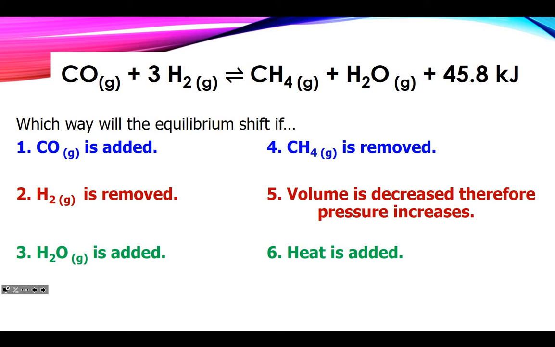I want you to try to do these 6 on your own, and then we'll come back and we'll see if you did them right. Take a minute, do the arrows, figure them out. When you're done, look up so I know that you're done.